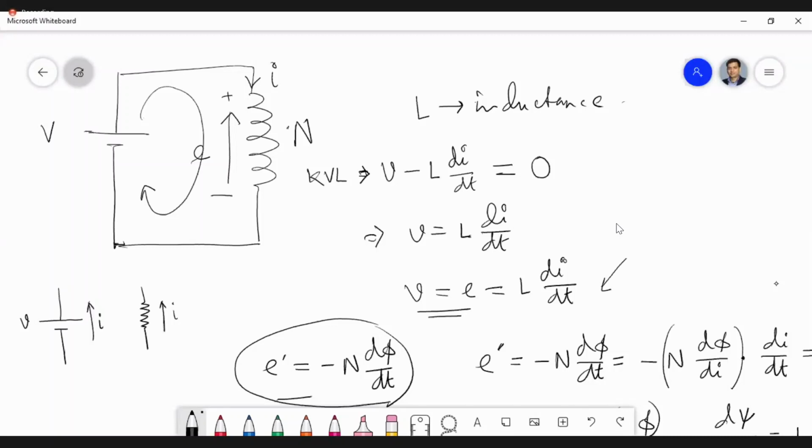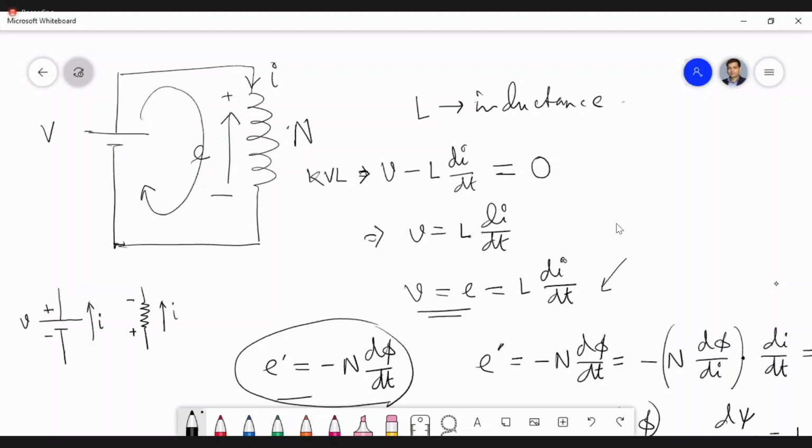Okay, so we know that in resistance the current flows from positive to negative potential. Okay, but in case of battery, generally we see that current flows from negative to positive potential.